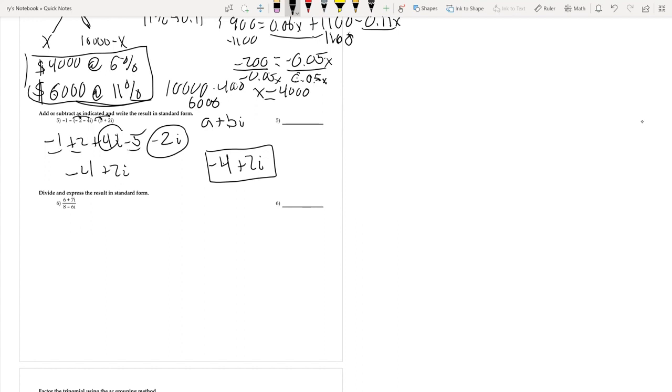For number 6, this is where we have to think about the complex conjugate to get rid of the i on the bottom. So what I'm going to do is I'm going to multiply. I'll just write what I'm multiplying it by. It's going to be 8 plus 6i on both the top and the bottom.